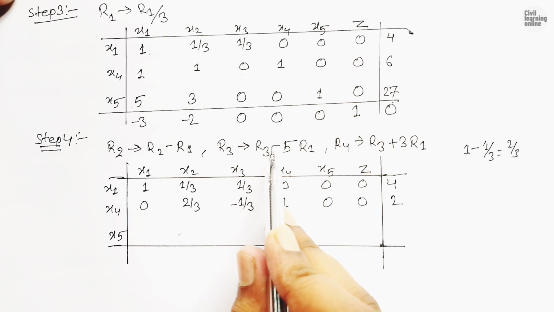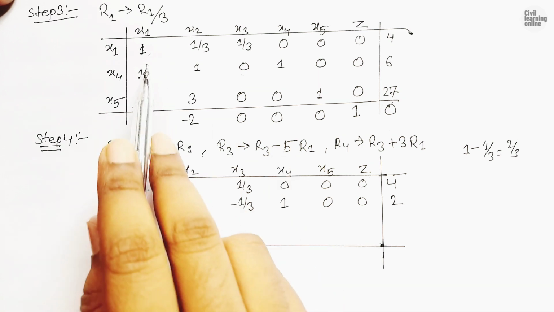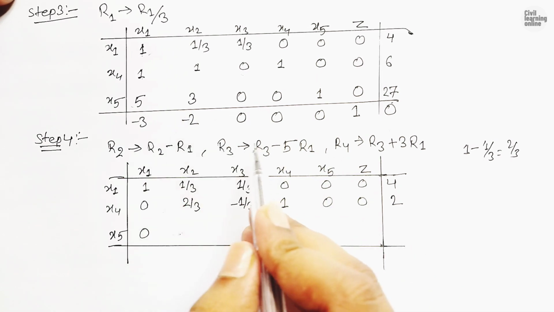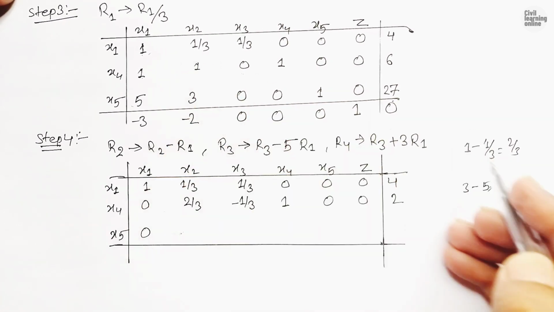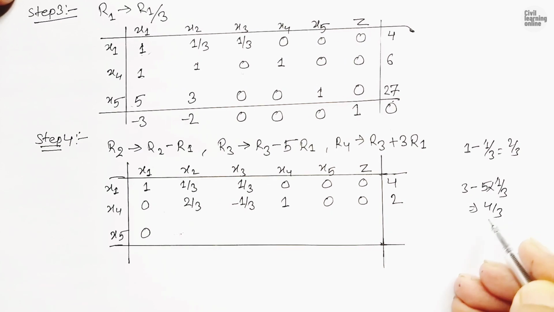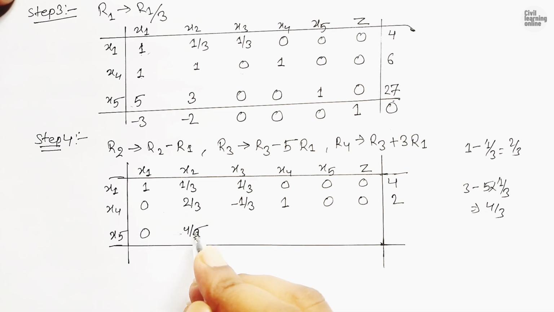So R3 implies R3 minus 5 R1. R3 is 5, so 5 minus 5 times 1 is going to be 0. Similarly, R3 means 3 minus 5 times R1 is 1 by 3. So 9 minus 5, 4 by 3. So we have here 4 by 3.